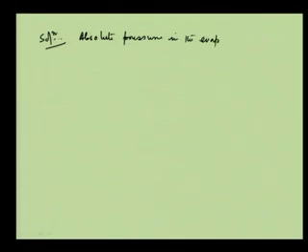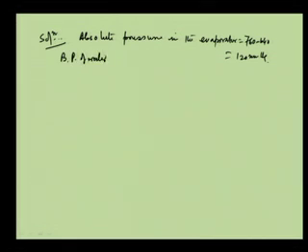Now, to go ahead with the solution, first the absolute pressure in the evaporator is equal to 760 minus 640, that is 120 millimeter mercury. So, it is under a huge vacuum. The boiling point of water at 120 millimeter has to be found from the steam table, and it is equal to 55 degree centigrade.